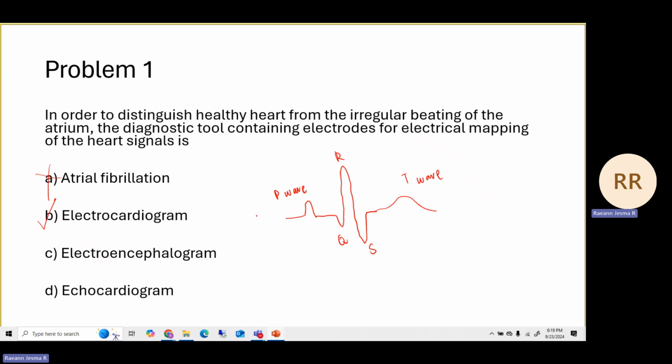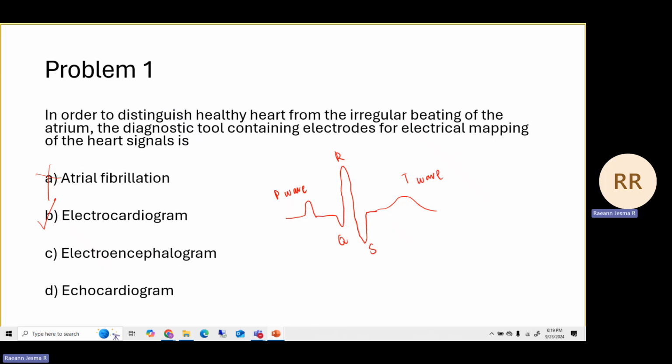Then the electroencephalogram is a study of the electrical activities of the brain. We generally know that the brain consists of neurons. These neurons communicate with each other using electrical impulses, and there are different kinds of waves depending on how the wave is present. We can tell that when a person is awake, the waves will be different.